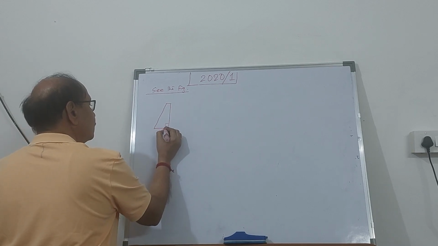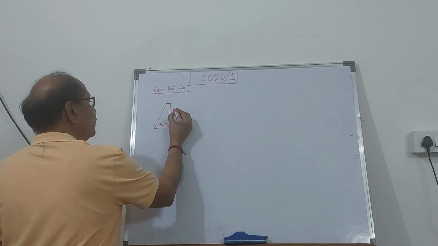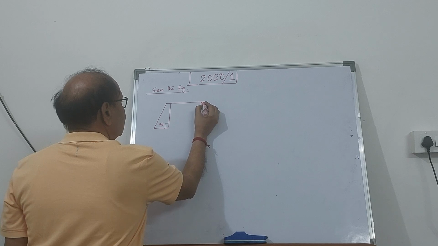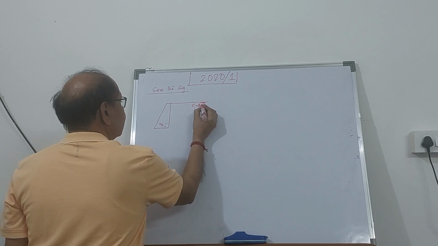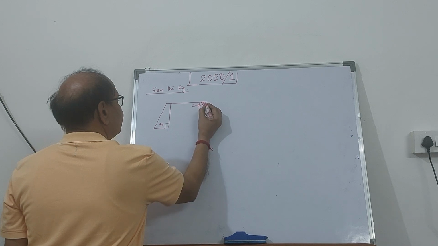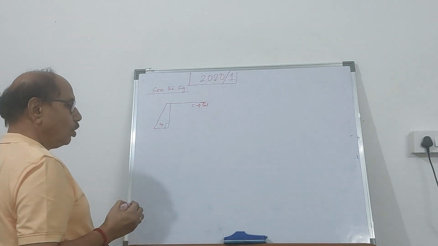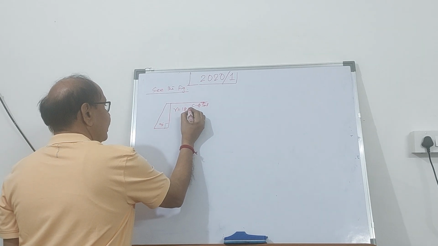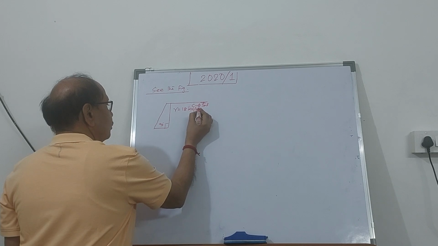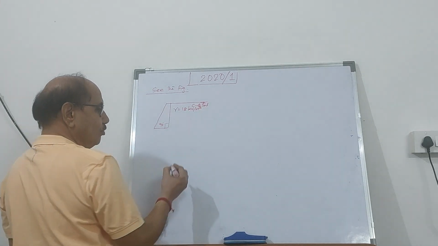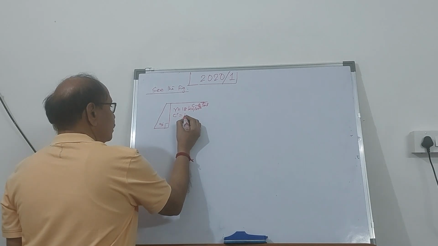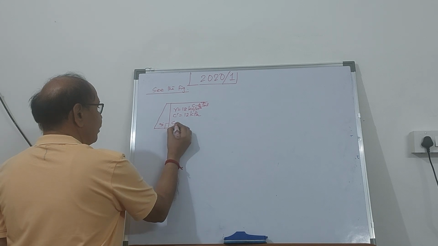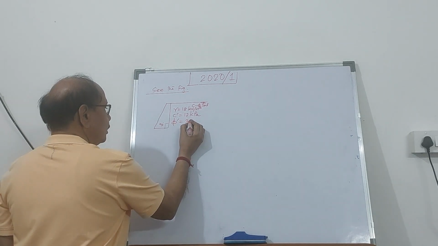There is the wall, 90 degree, and this wall has a C-φ soil as backfill. Gamma is given to you as 18 kilonewton per cubic meter, the value of C prime is 12 kilopascal, and the value of phi prime is 30 degree.